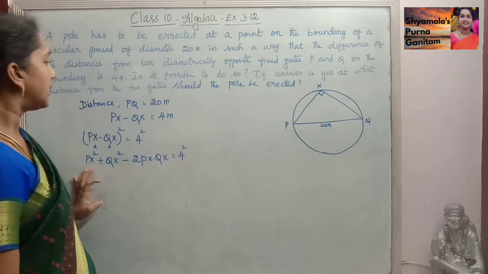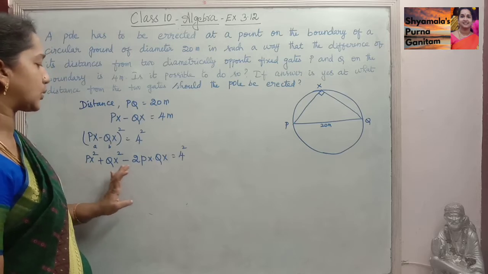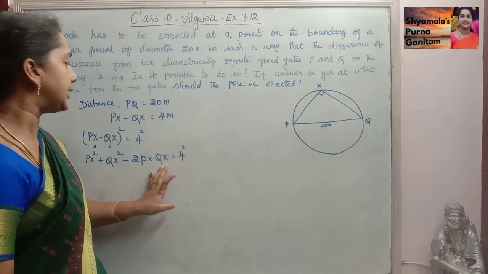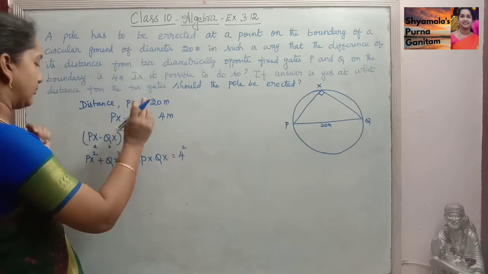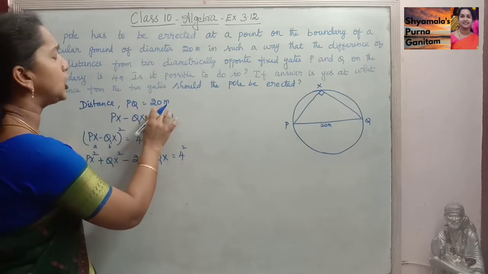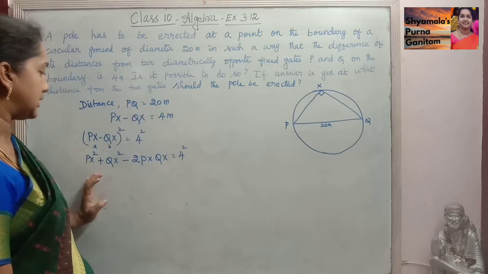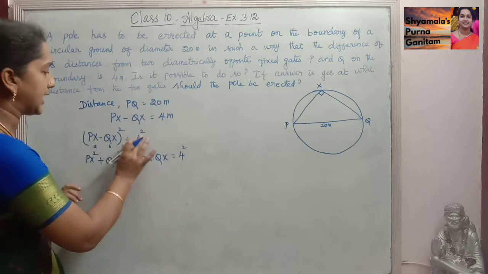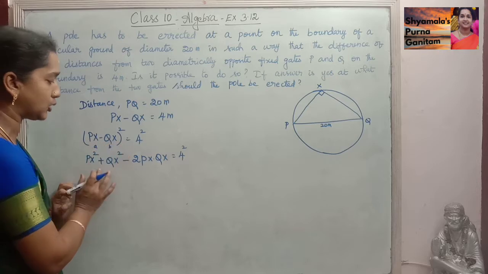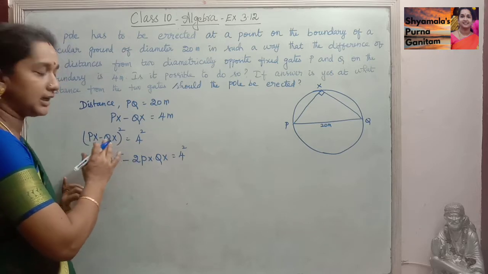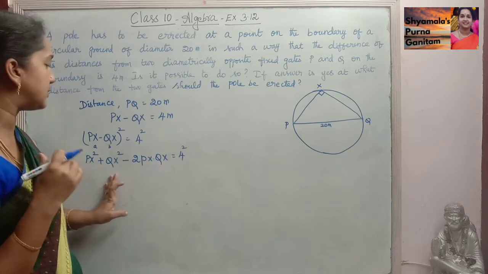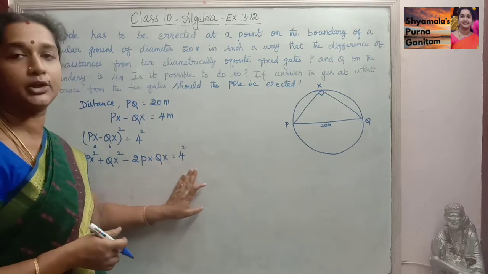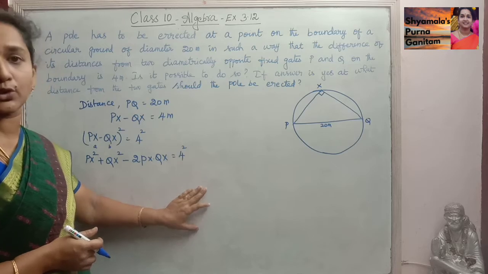This is the expansion using the a minus b whole square formula.